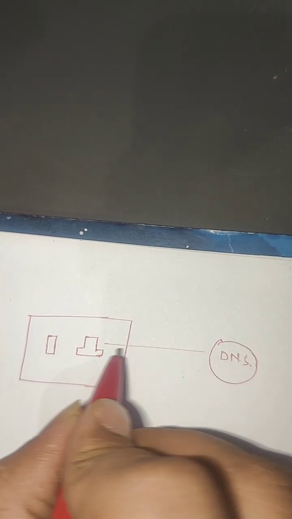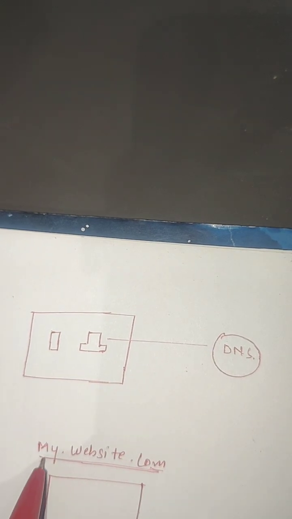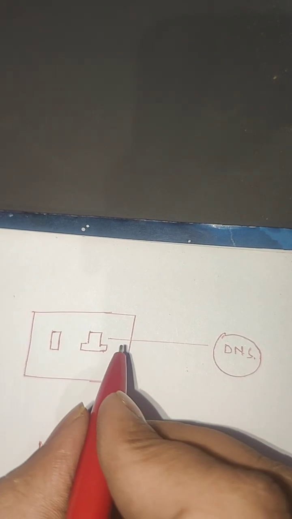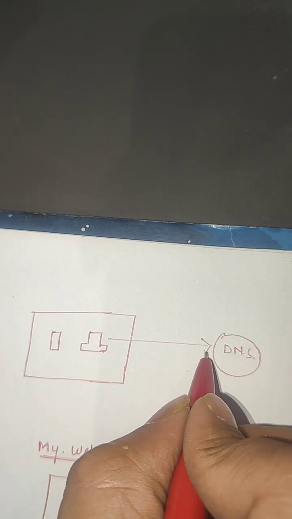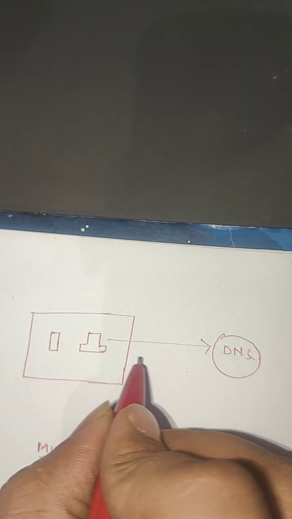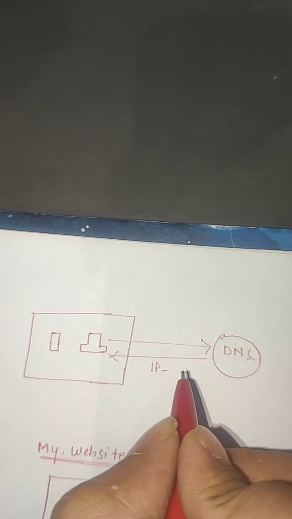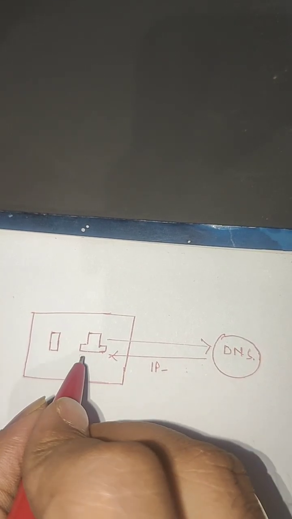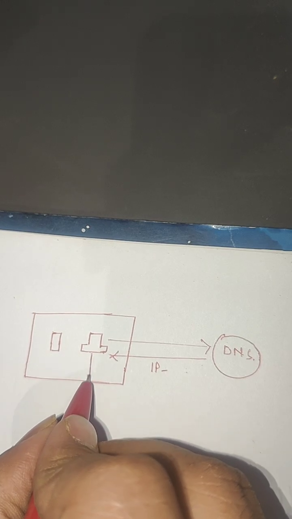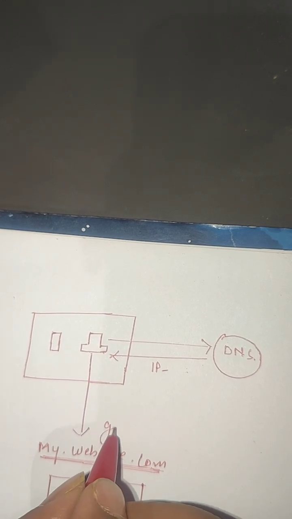The first thing the user is doing is typing this website name in the browser, which gets this address and converts it to an IP address. So it returns an IP address as a response. Now the browser directly connects with the server with the given IP address.